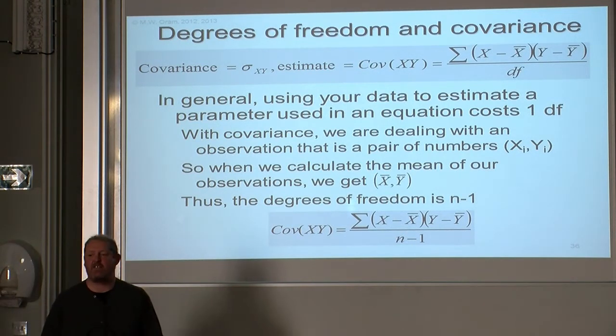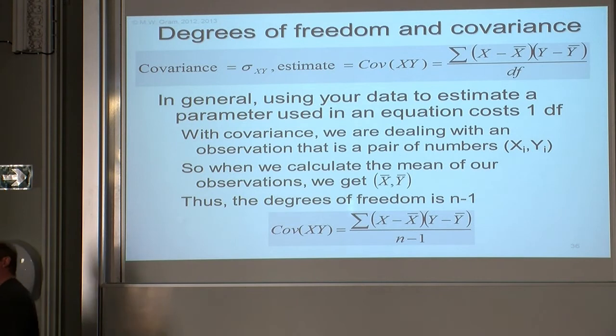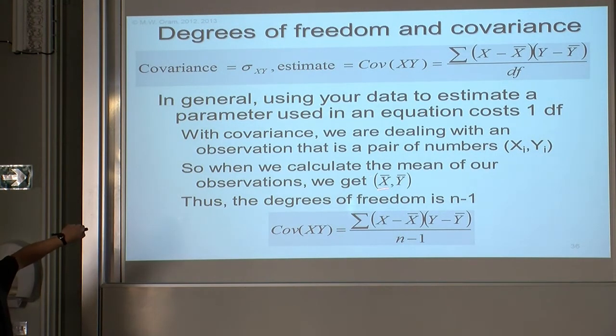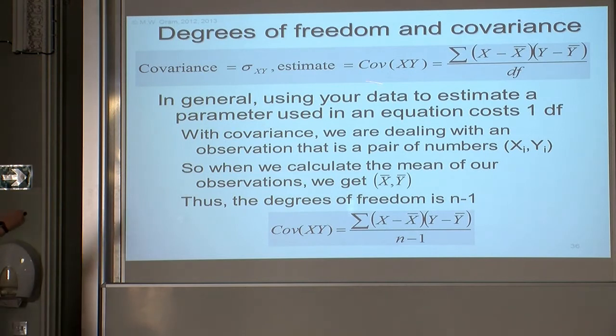It's exactly analogous to variance, but rather than the numbers being single, they're now a pair, a little vector, two numbers. Okay, so we can calculate our mean as the mean xy rather than the two separate means. Okay, so the covariance is the sum of the cross products divided by n minus 1, the degrees of freedom. Again, just to point out, you don't have to remember these formulae. They're done by computer these days. It's just a short, convenient shorthand way of showing you what's going on.